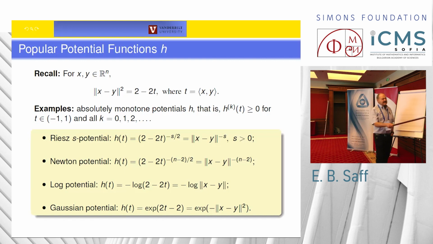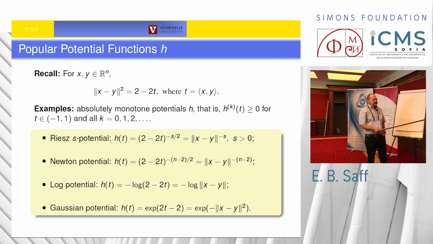I'll just deal with s positive for today's talk. And in special cases, when s is n minus 2, n being the dimension of the space, that's just the Euclidean or harmonic potential, |x minus y| to the power n minus 2.